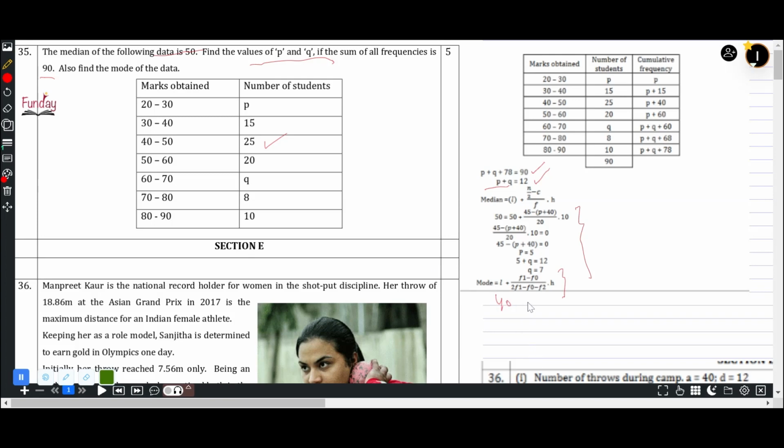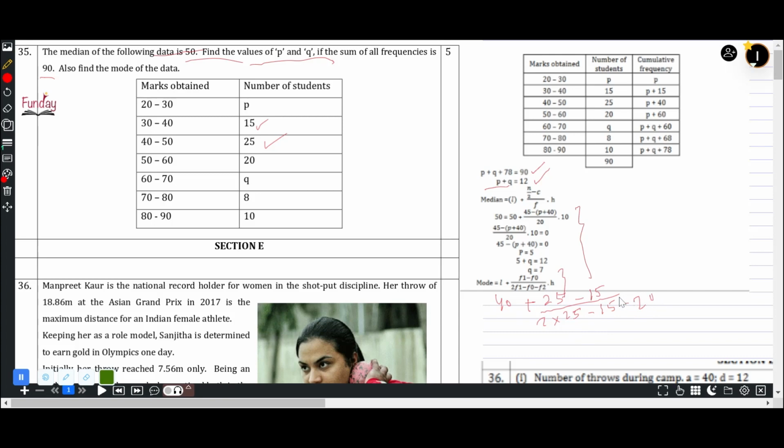Let me try to solve it. 40 plus, F1 is the frequency of the class, which is 25, minus F0, the frequency of the class before the modal class, which is 15, over 2 into 25 minus F0, which is 15, minus F2, the class after the modal class, which is 20.